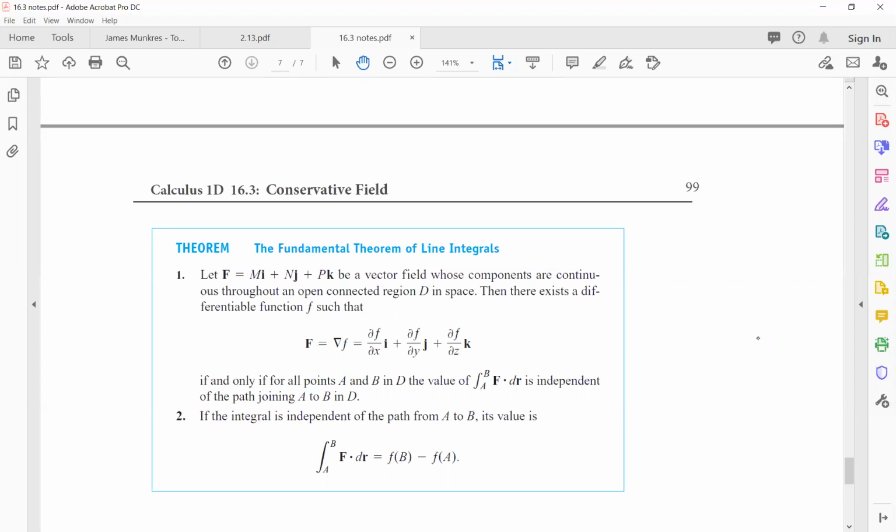It means that this integral is just equal to the difference between potential function at the endpoint minus potential function at the lower limit, beginning point.